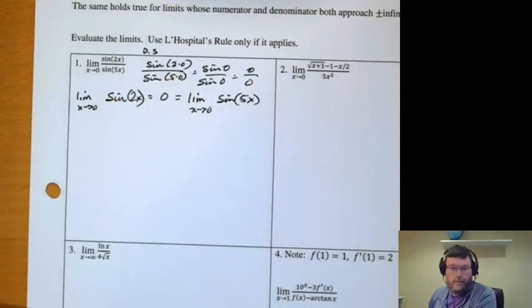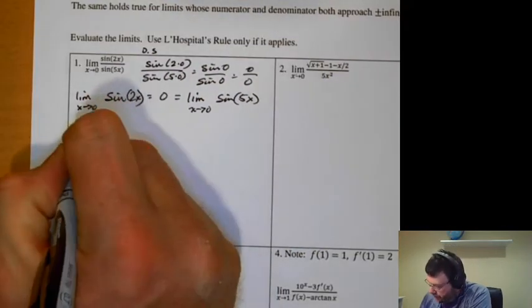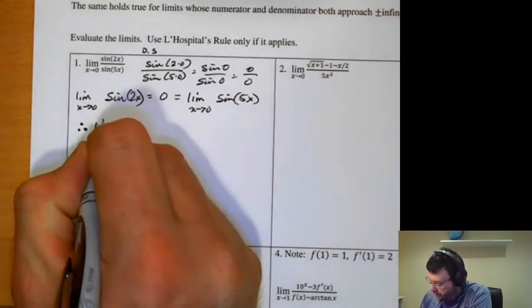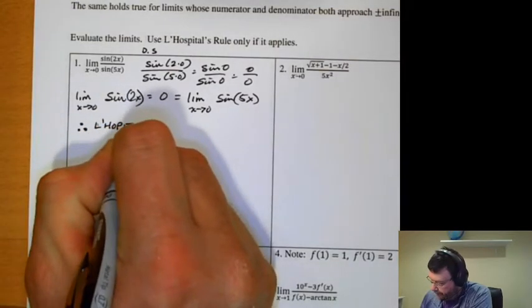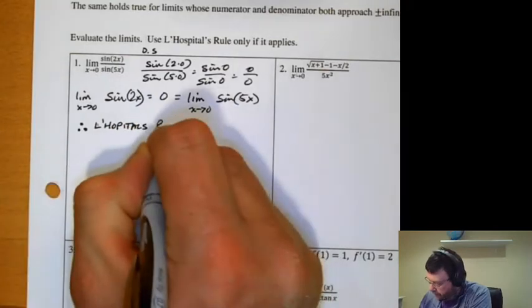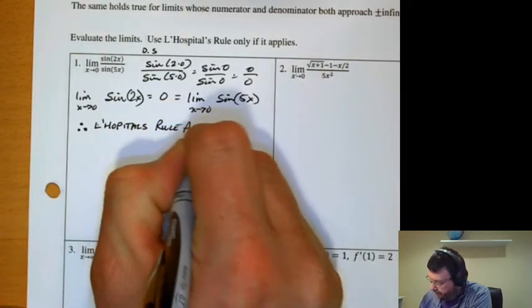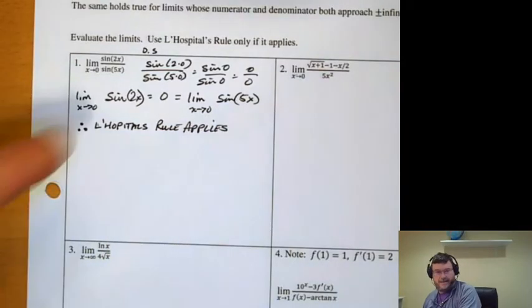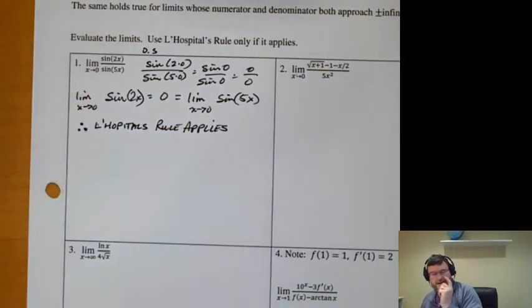Okay? So that does work. So that shows, therefore, L'Hopital's rule applies. If you are doing this on the test, you must state in a free response question that L'Hopital's rule applies.